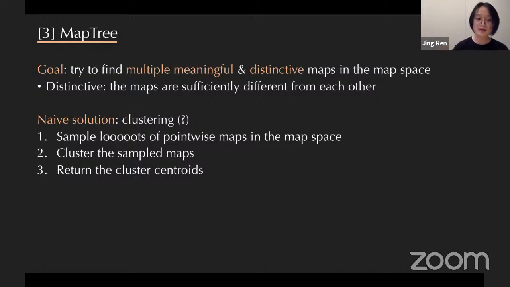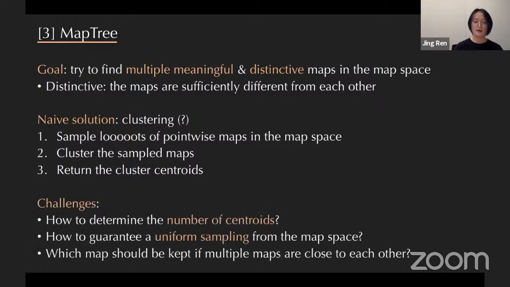This can guarantee that the returned maps are distinctive enough from each other, but this naive solution does not work, because in practice we don't know how many symmetries or how many meaningful maps are going to exist for the given shapes.